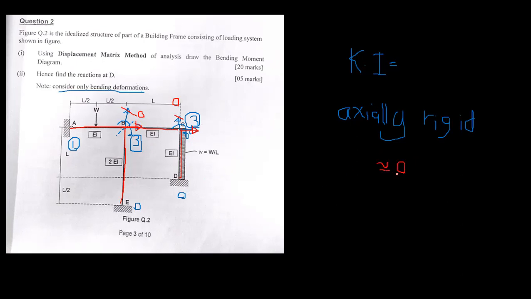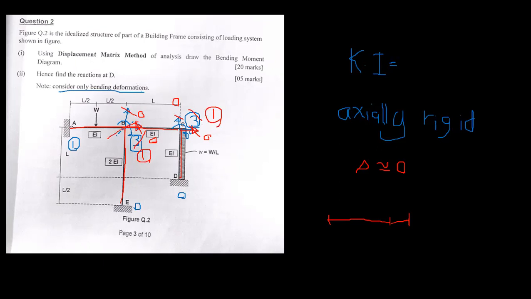There's no elongation, as well as this frame cannot move because it is restrained. Either the frame can move or the members elongate, so both will not occur. So this displacement is also 0. So you will be remaining with 1 here and 1 here.